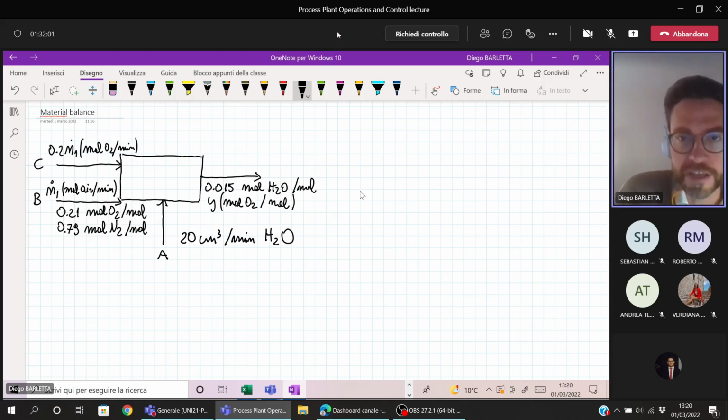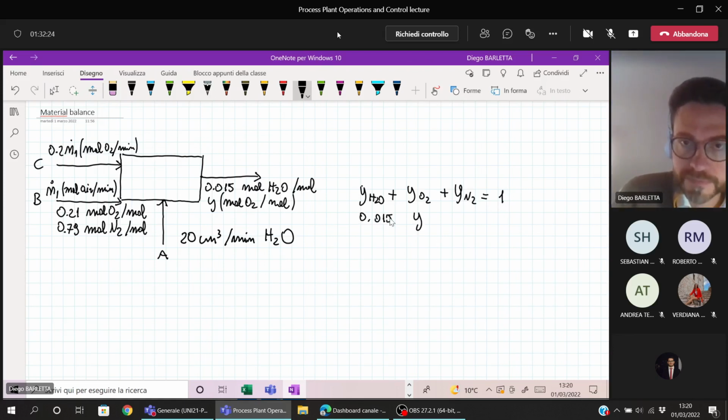So here we are considering that Y of water plus Y of oxygen plus Y of nitrogen is equal to 1. Now, if we call this Y, this is a known number, and we call this epsilon equal to 1.